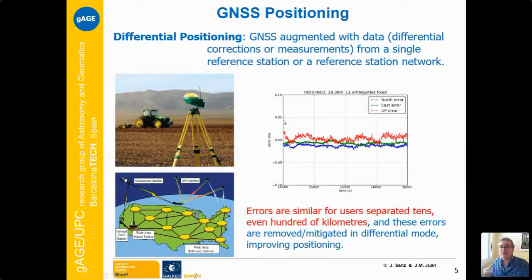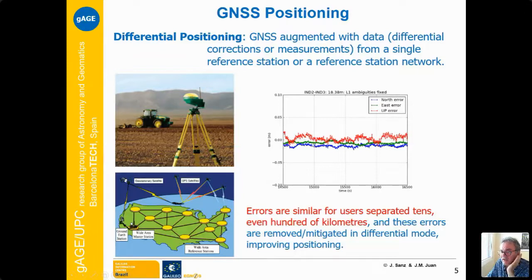Well, these are general ideas. The highest accuracy we can achieve in differential positioning comes from applying what we call ambiguity fixing, for instance using RTK techniques, real-time kinematic techniques. Fixing the ambiguities, we can achieve centimeter level of accuracy. This plot is based on real data.